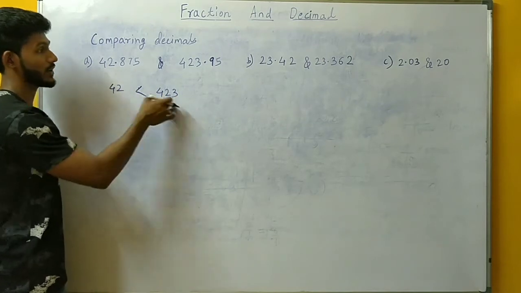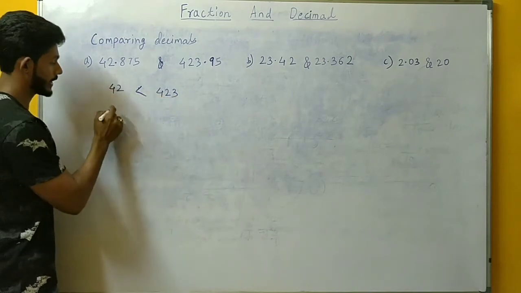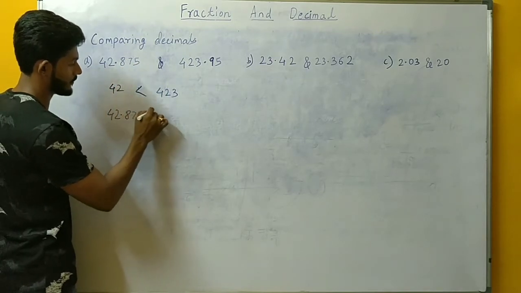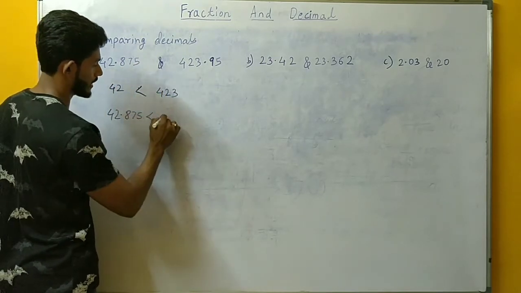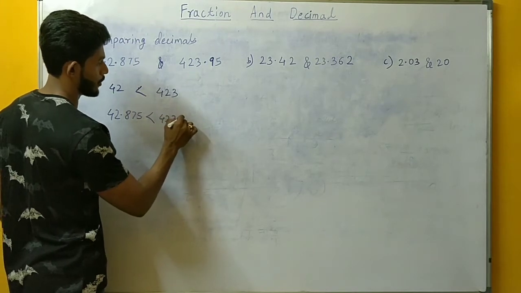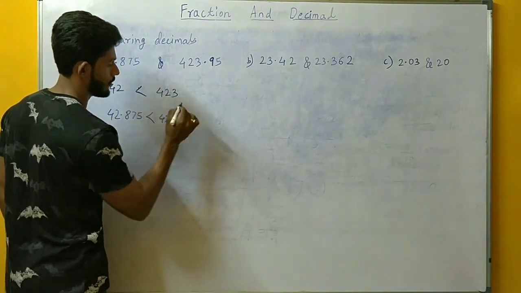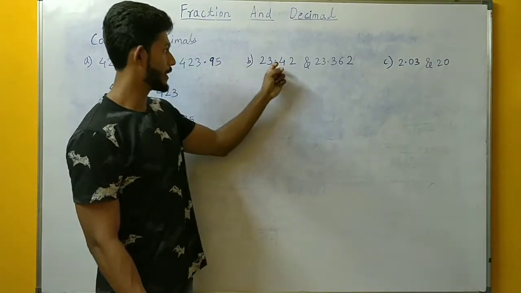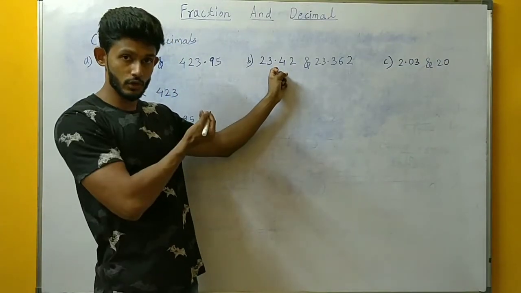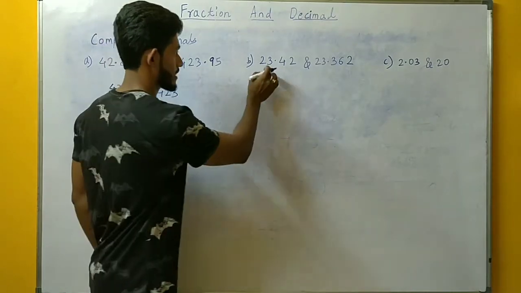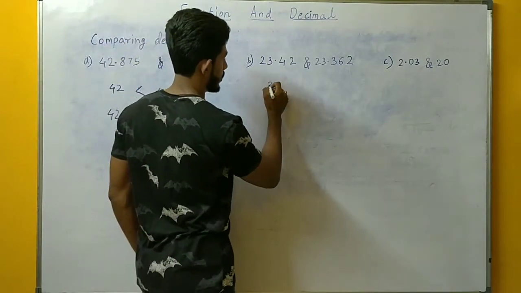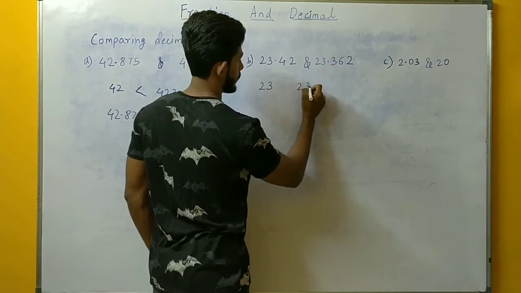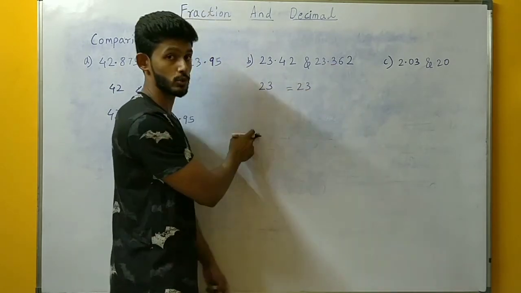So from here we can easily say that 42.875 is less than 423.95. Now over here again we are going to compare the numbers before the decimal point first. So let's compare that. 23 and 23. We all know that 23 is equal to 23.